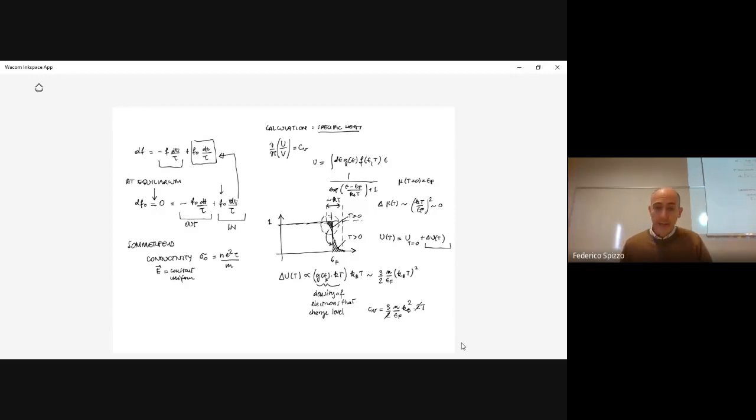So what we find here is that the specific heat of the electron system is proportional to the temperature.